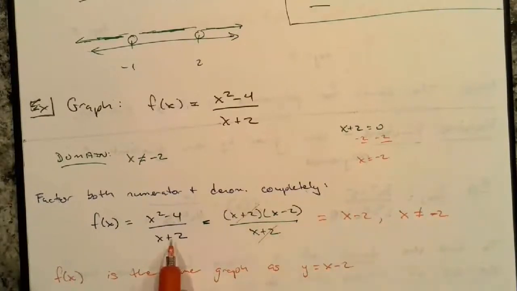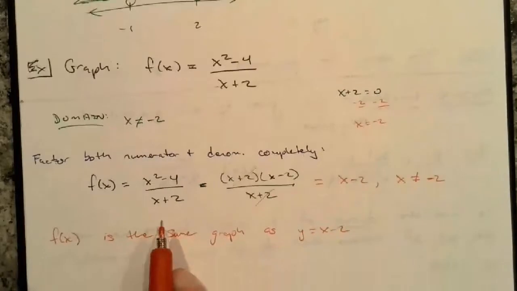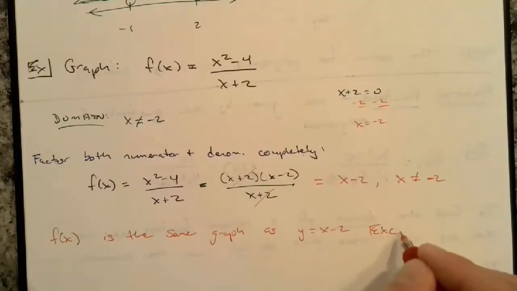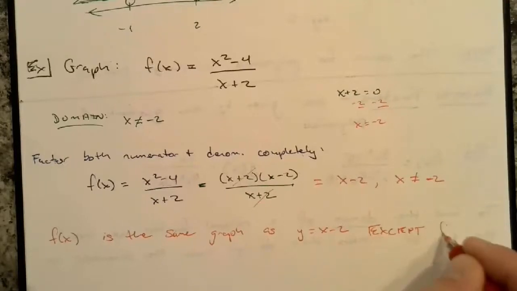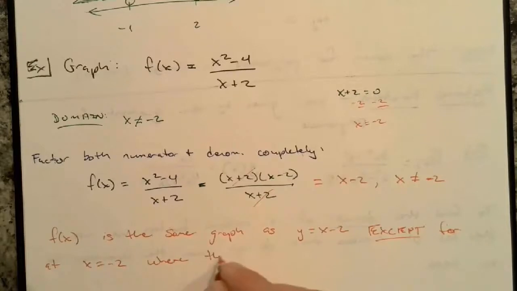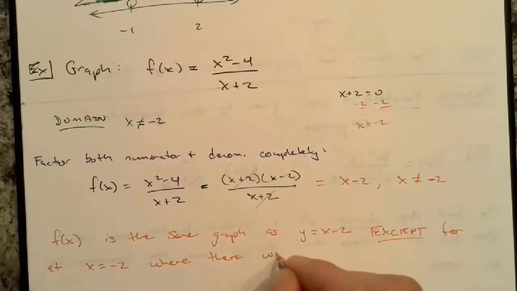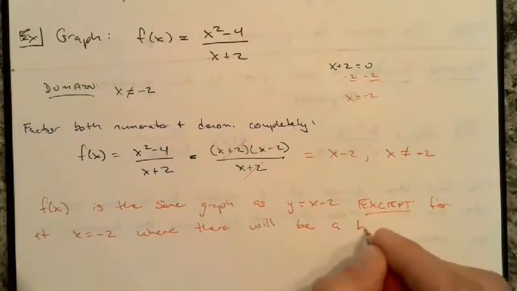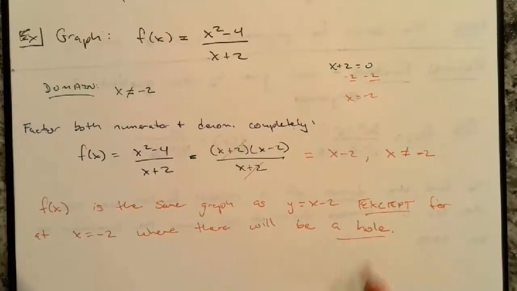It's the same graph as this, right? It started out as x squared minus 4 over x plus 2, but it behaves the same as x minus 2, except at x equals -2, where there will be a hole.